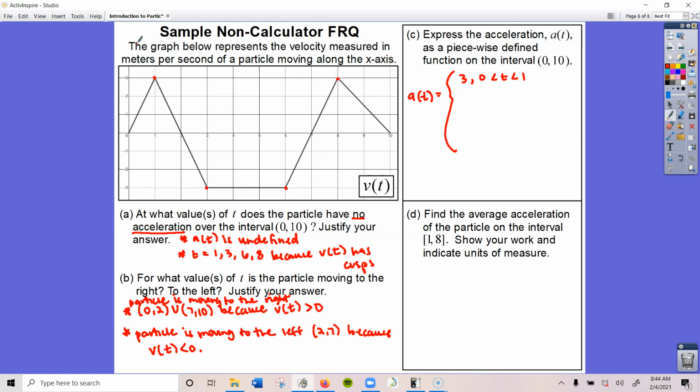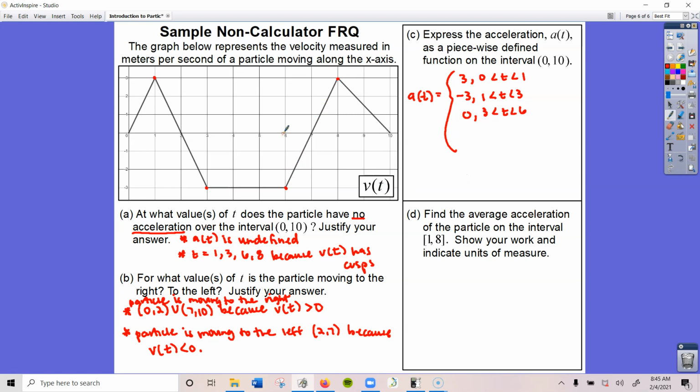Now over here, the slope is -3. And this is on the interval 1 to 3. So 1 is less than t is less than 3. From 3 to 6, it's a horizontal line, so the slope is 0. For 3 is less than t is less than 6.